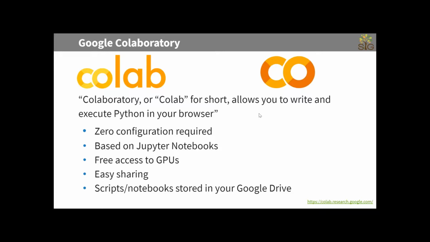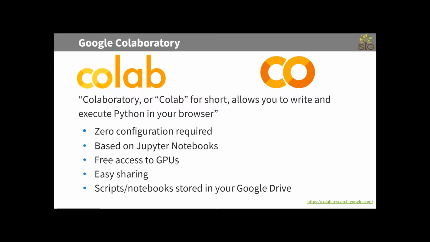So Google Earth Engine is JavaScript, but Google Colab is Python. You don't need any configuration to use it. Again, it's also just a web browser, like Google Earth Engine, so you don't need to download or install anything. It's based on Jupyter notebooks. I'm sure you guys have heard of, or even used, Jupyter notebooks.